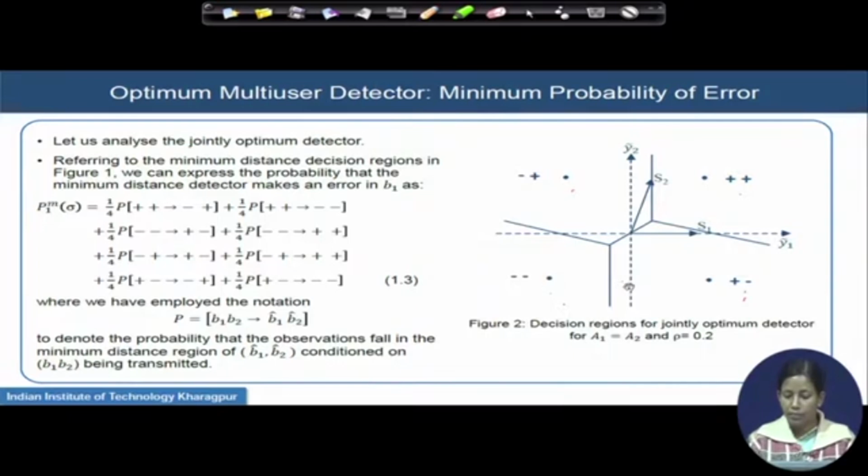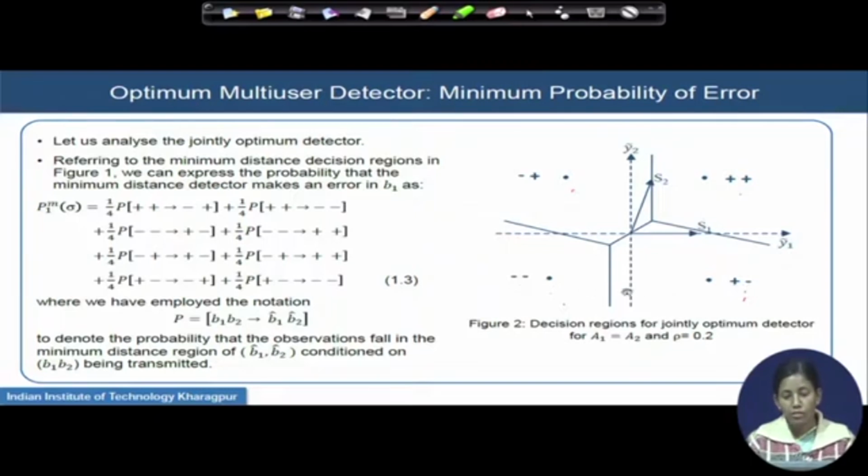If the detected symbol is such that its distance from here to here, compared with here to here, is closer to the plus minus zone, then it will detect the transmitted signal as plus minus instead of minus minus.